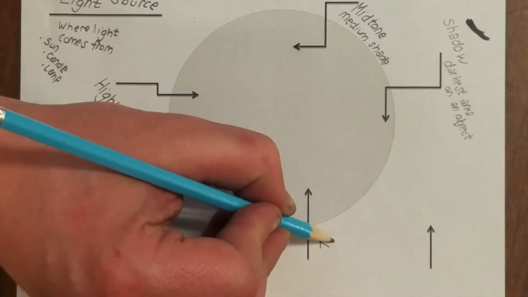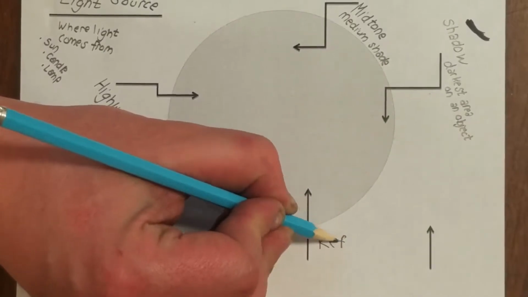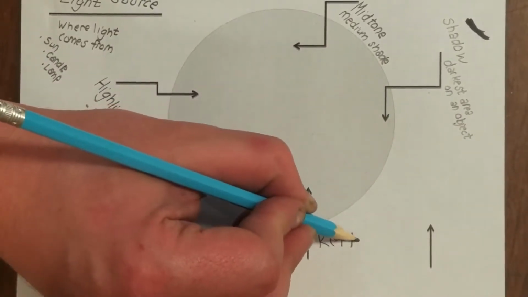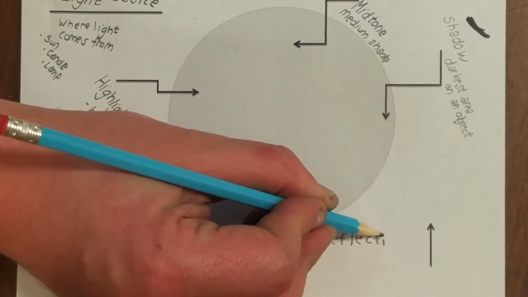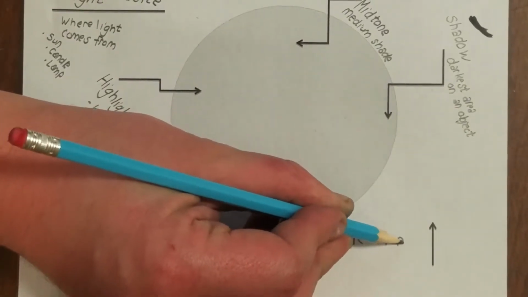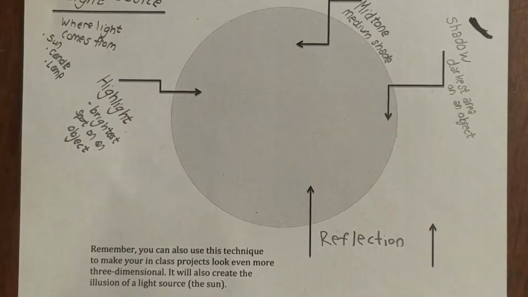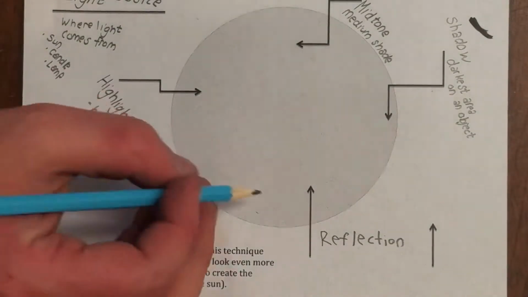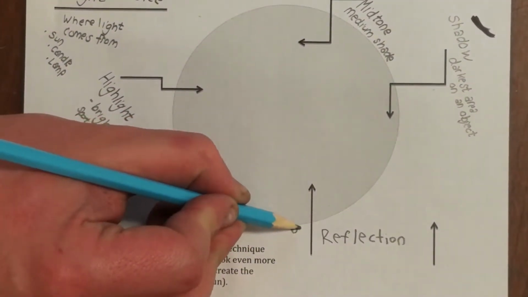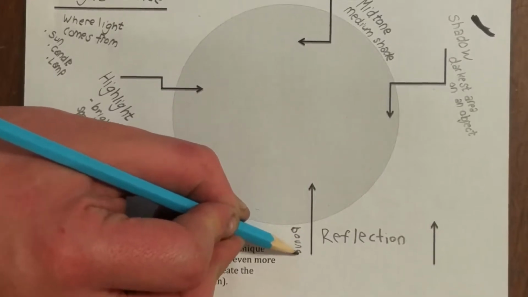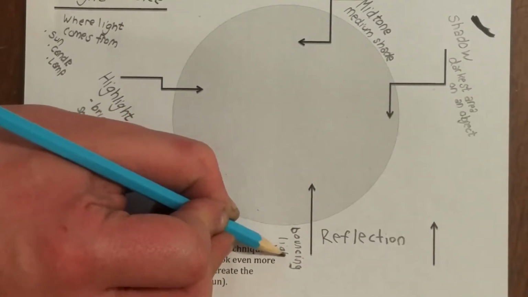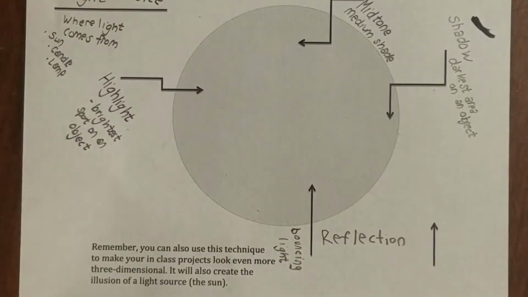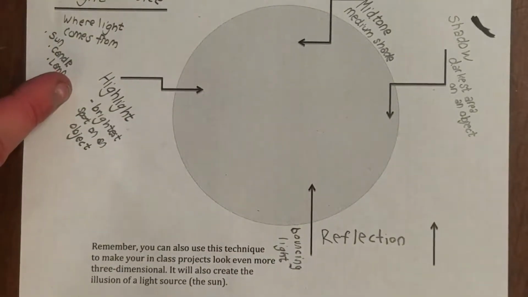So the reflection is simply defined as bouncing light. The definition of reflection is bouncing light. The reflection is not nearly as bright as the highlight.